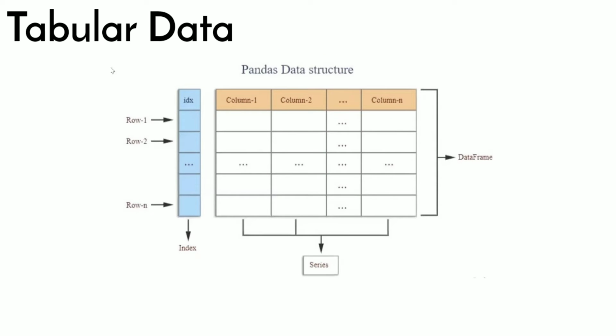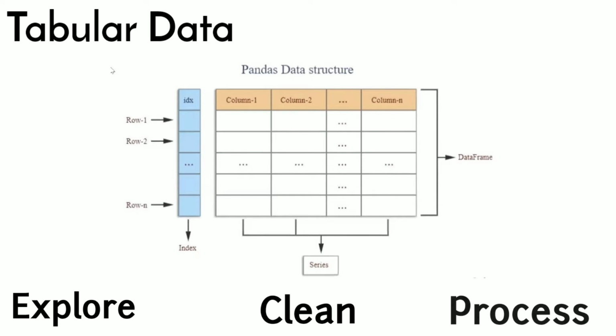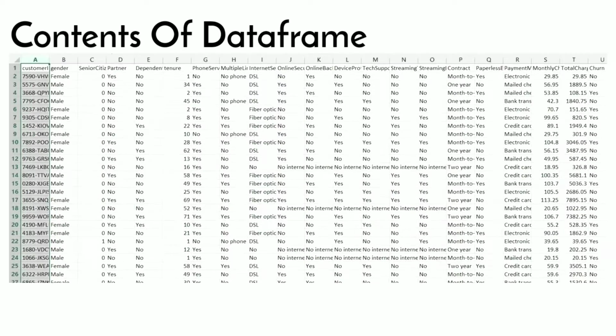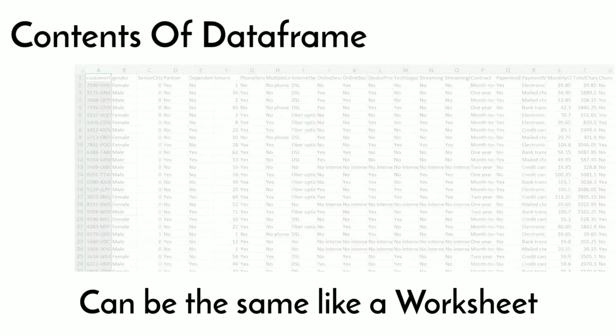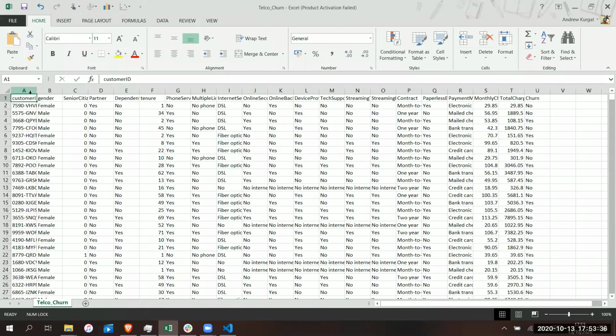Now, when you're working with tabular data, pandas allows you to explore, clean, and process the data. And it represents the data in what we call a data frame. Now, the contents of a data frame can be thought of as the same thing as the contents of a worksheet, where it has particular identifiers for the columns, such as the column names.